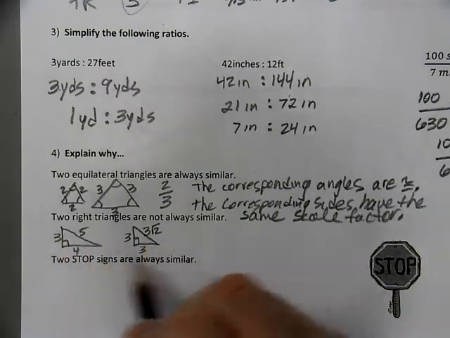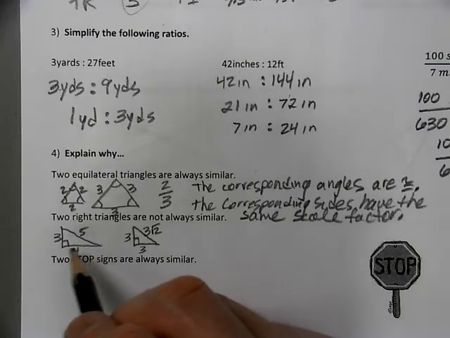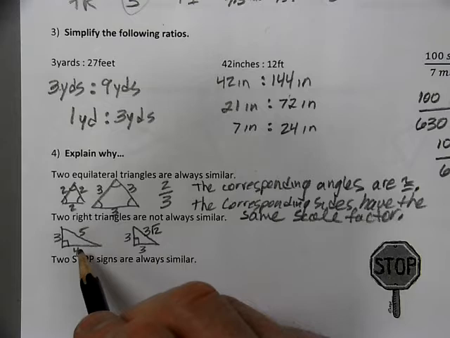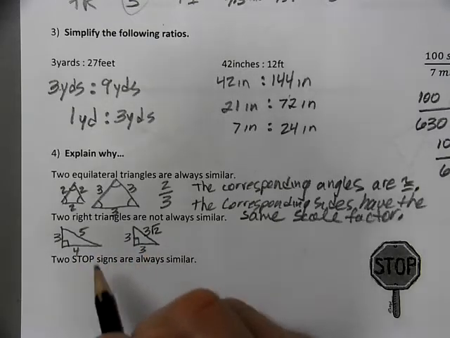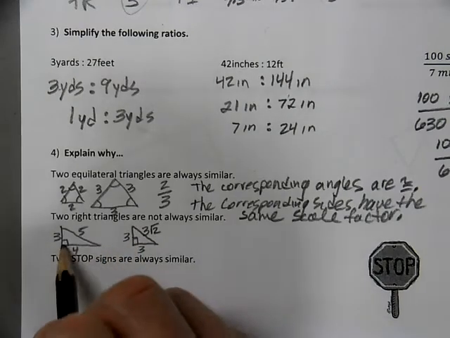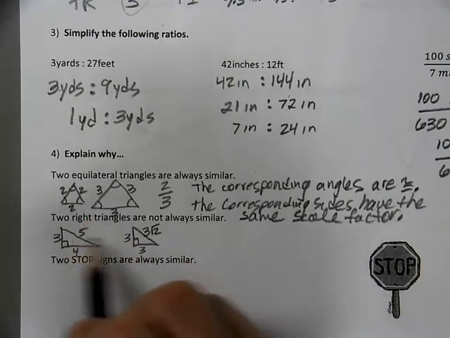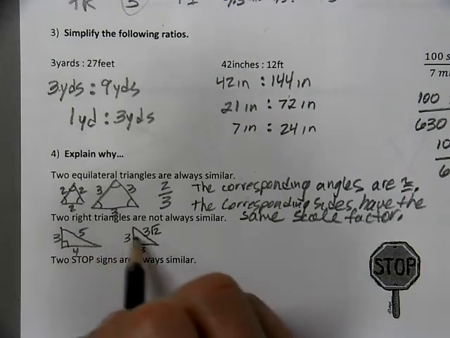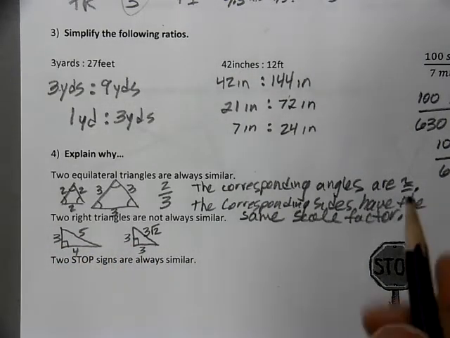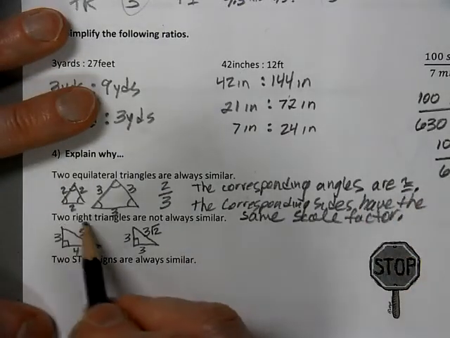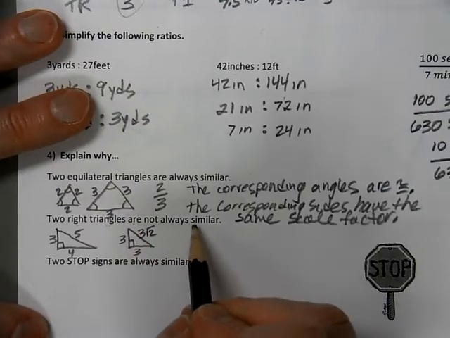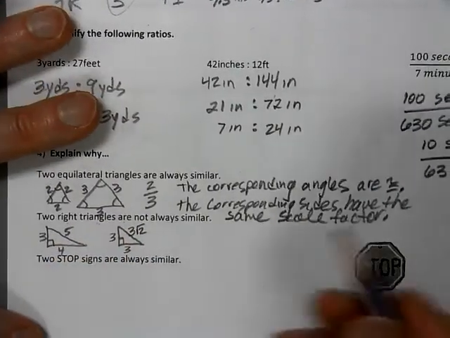So when we look at the scale factors, the corresponding sides are not proportional. They don't have to be proportional. Also, just because 2 triangles have a right angle, they're right triangles, the other angles do not have to be congruent. So 2 right triangles are not always similar. Explain why that happens.